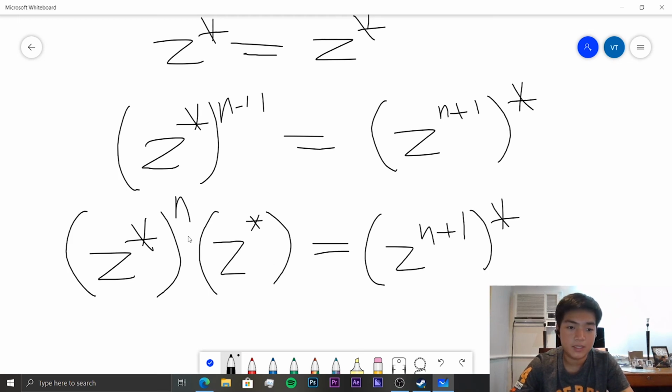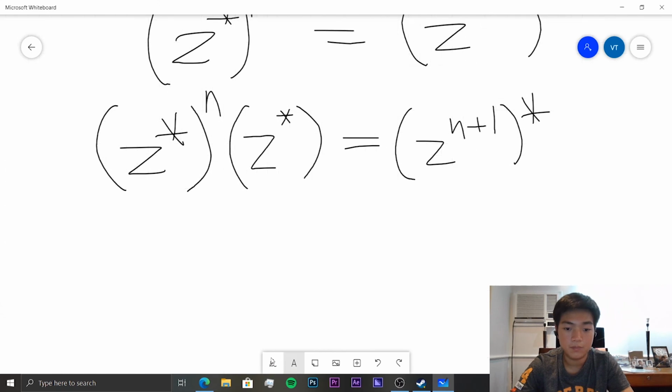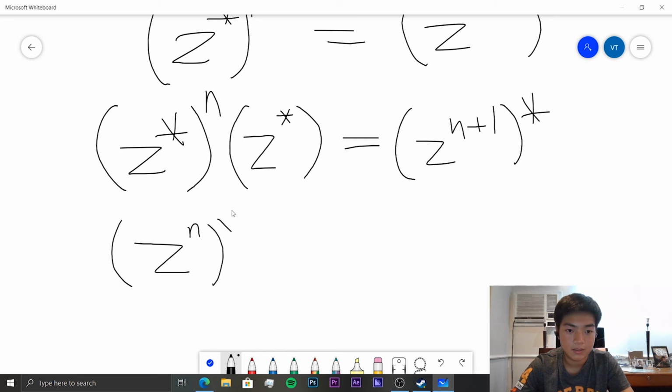But we know this is actually equal to z to the n conjugate, and we're simply multiplying it by the conjugate of another number.